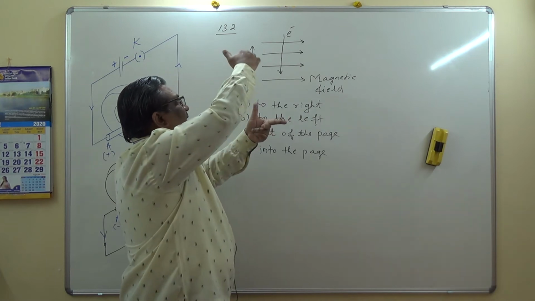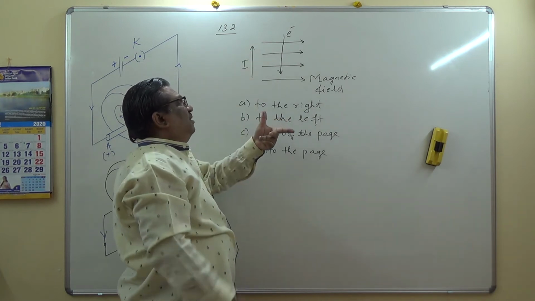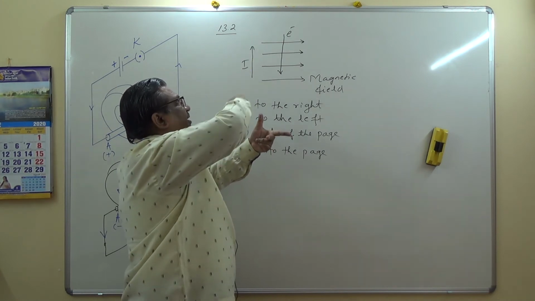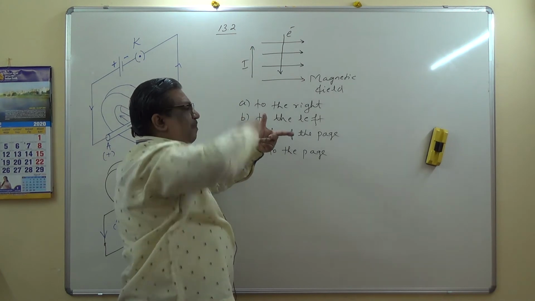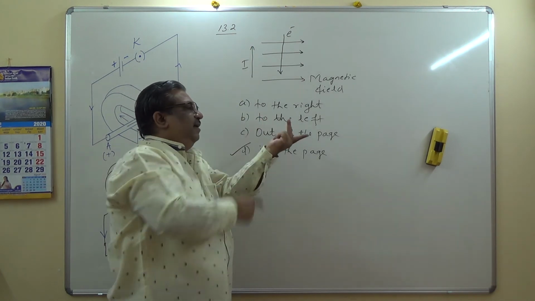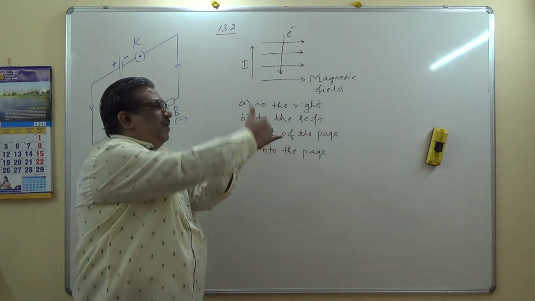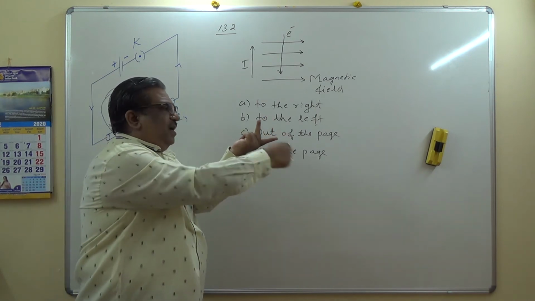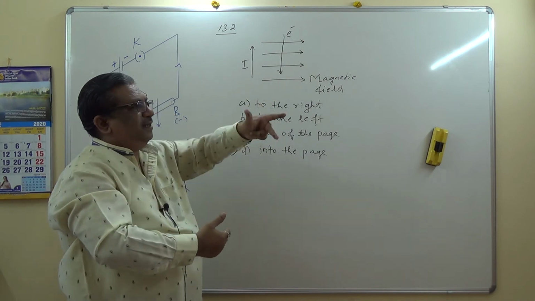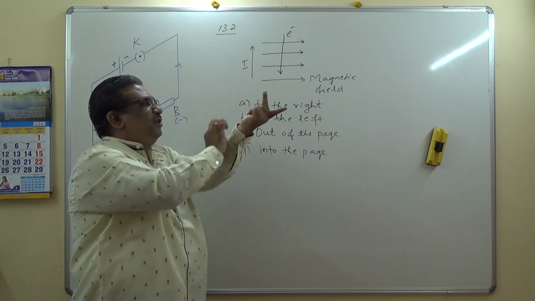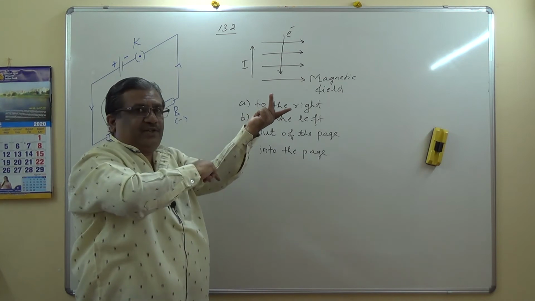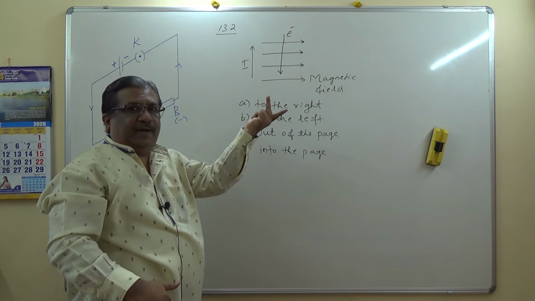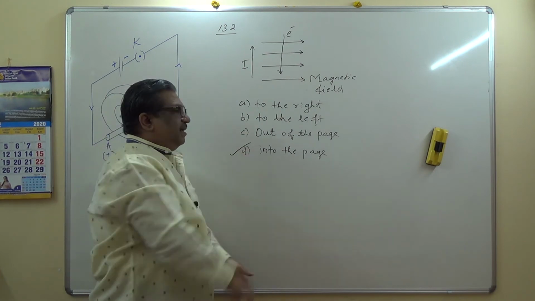Current is against the direction of motion of the electrons. Electron is introduced from top to bottom into the magnetic field, and therefore current is opposite, from bottom to top, and therefore this is how I have to adjust, because the middle finger gives the direction of the current. Field, current. In this case, the thumb, which gives the direction of the deflection of the particle, is into the board here, and therefore D is the correct option.